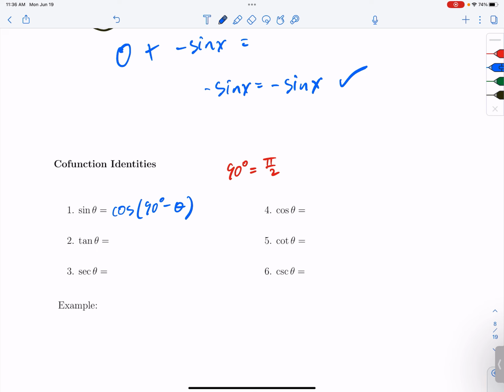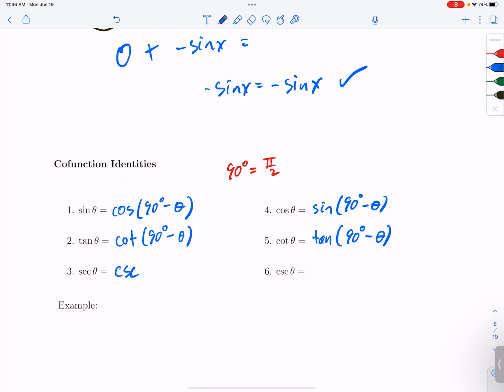So we say that cosine and sine are cofunctions of each other. Tangent and cotangent are cofunctions of each other. And again, I'm just writing degrees, but I could swap out all of these 90 degrees with pi over 2. And then secant and cosecant are cofunctions with each other.